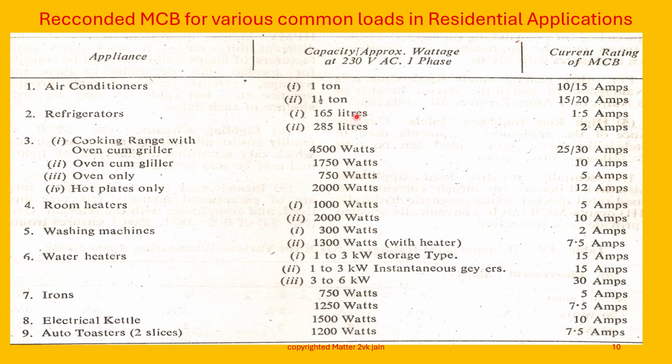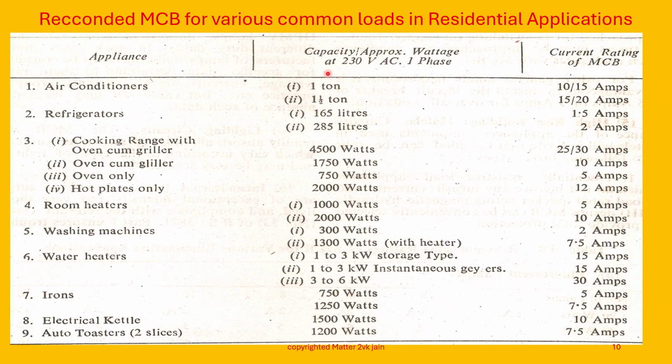Refrigerators found in residential use are 150 and 285 liters. In both cases, they will be 1.5 or 2 amperes respectively. Cooking range with oven cum griller are normally 4500 watt, and they require 25 to 30 ampere rating.